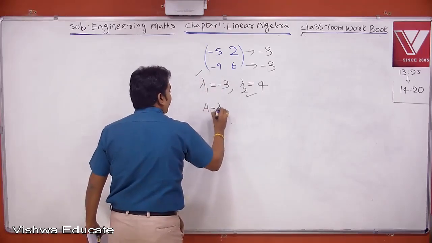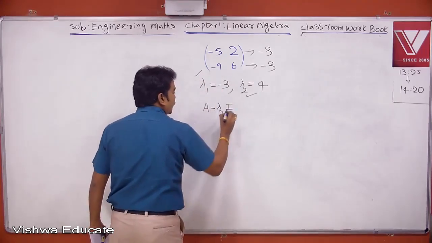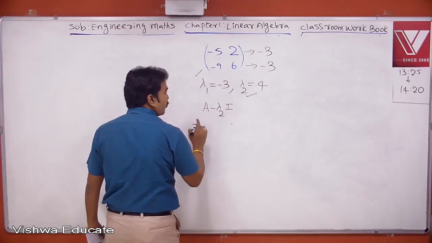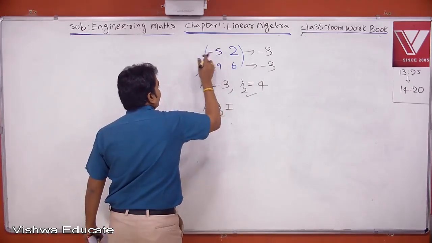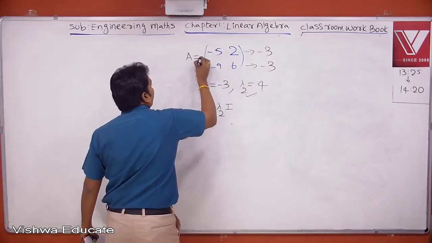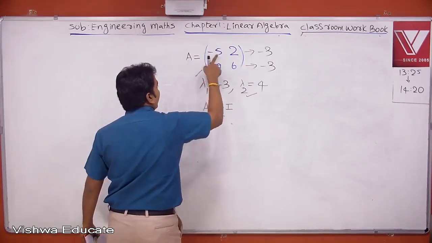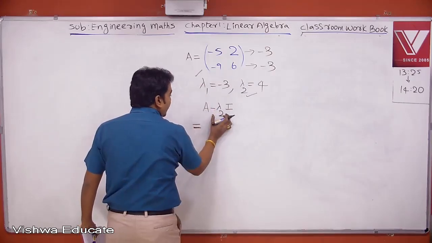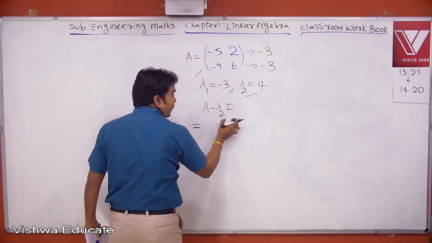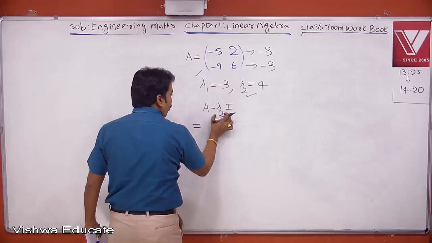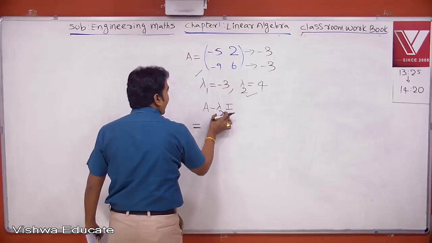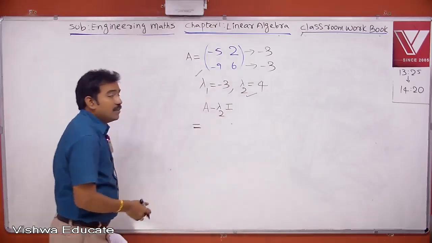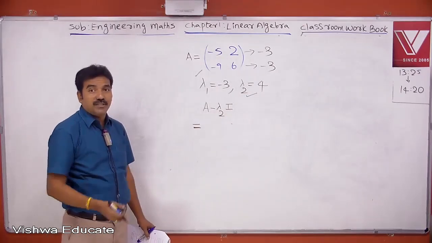The shortcut to find the eigenvector of a 2 by 2 matrix is this: A minus lambda 2 I. Assume that this is A. I am trying to find the eigenvector of this matrix A with respect to the eigenvalue lambda 1. For that, I need to find A minus lambda 2 I. If it contains non-zero columns, then they act as eigenvectors with respect to minus 3. If those eigenvectors are available in the options, I can opt it.